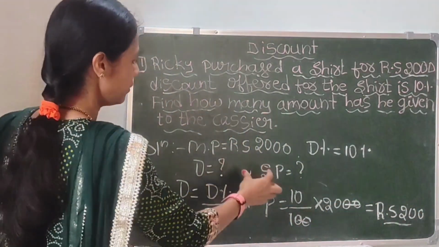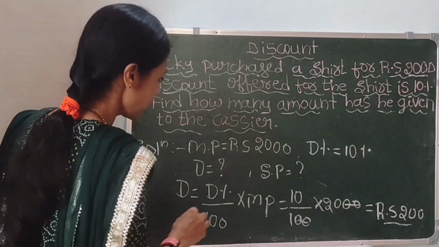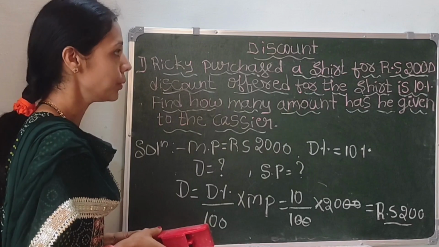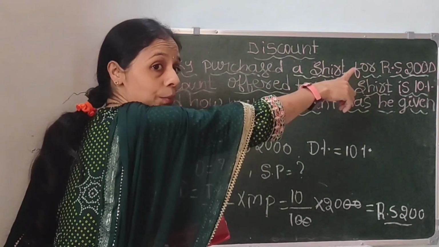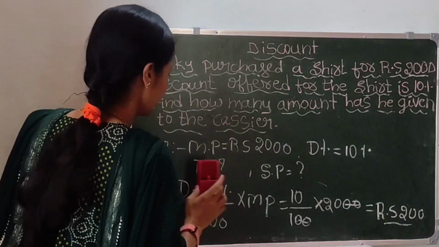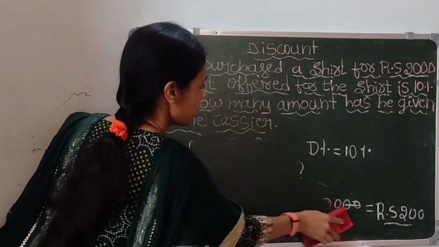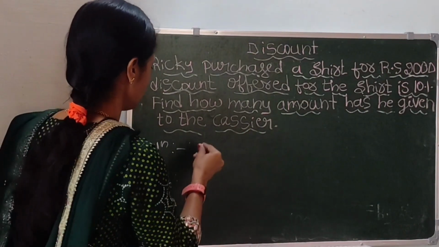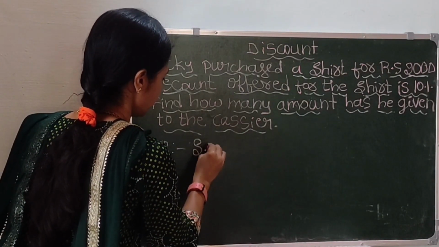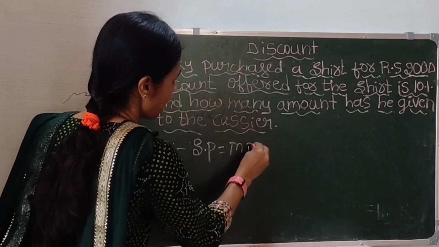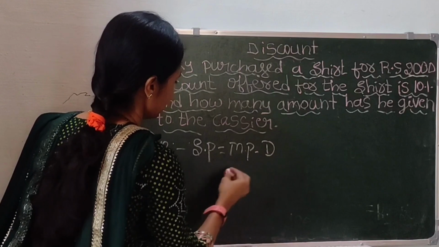After that we find out selling price. So selling price is equal to what? Selling price is equal to marked price minus discount. SP is equal to marked price minus discount.